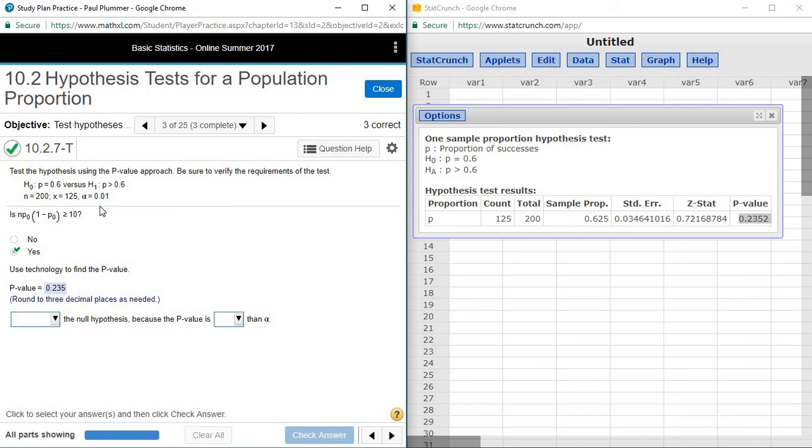In this case, the p-value is larger than alpha. Anytime that it's larger than alpha, that is not sufficient evidence for us to reject, and so we do not reject. We only reject when the p-value is less than the alpha level.